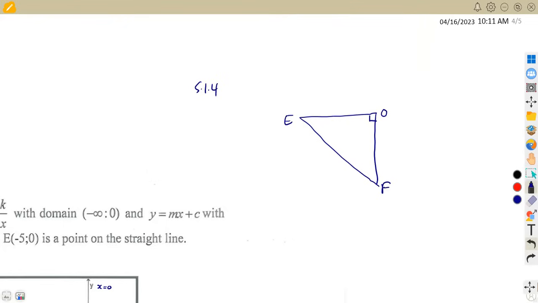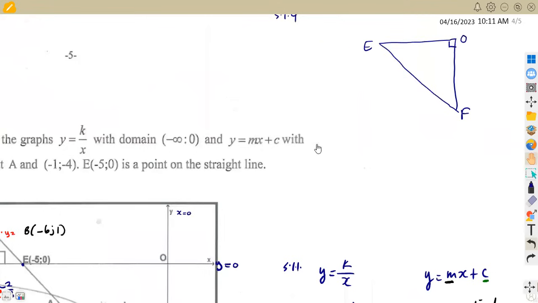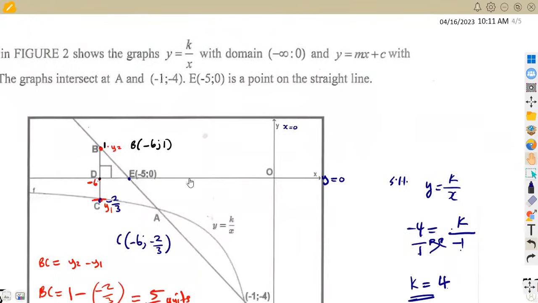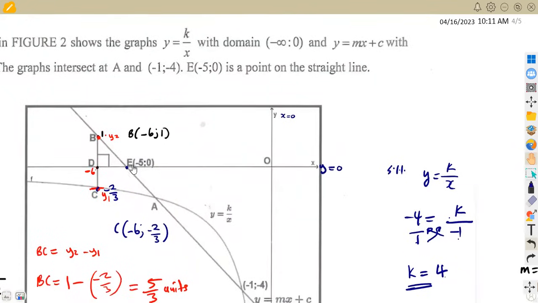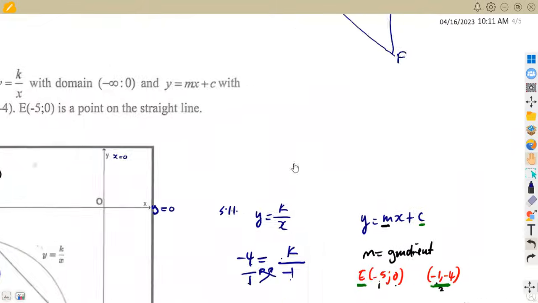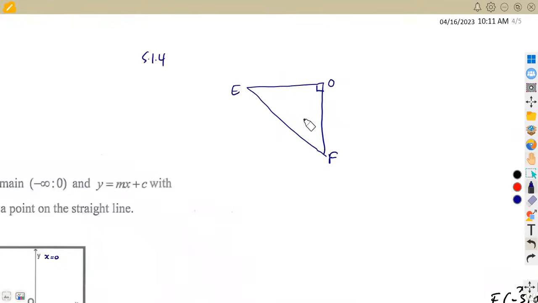If we check here at point E, we are given that this is -5. So we know the distance from O to E is 5 units. Here we have 5 units from O to E. What about from O to F?